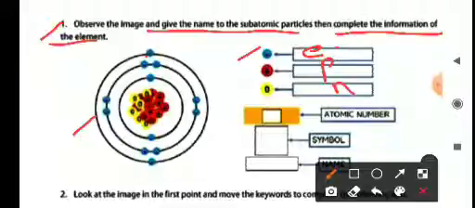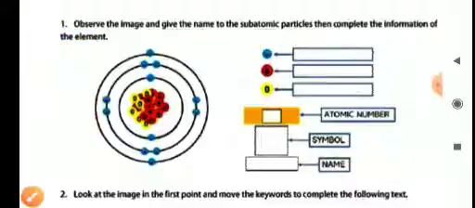So in an atom there are electrons, protons and neutrons present.